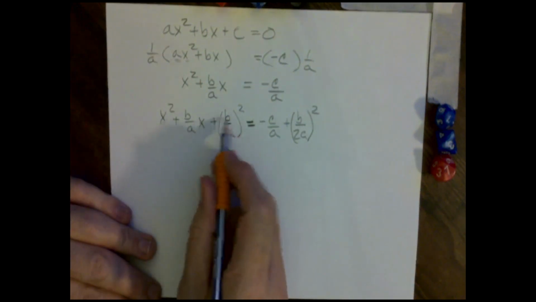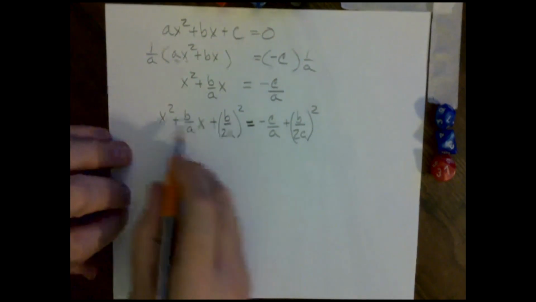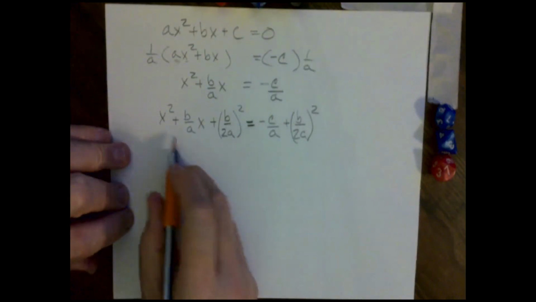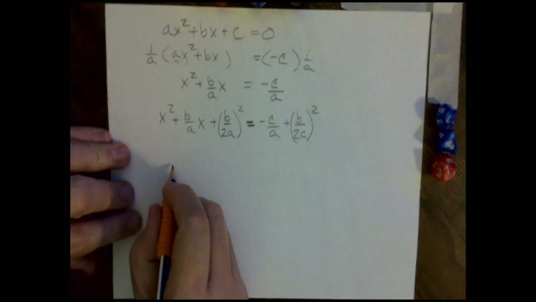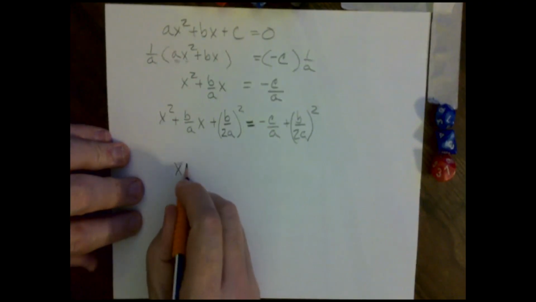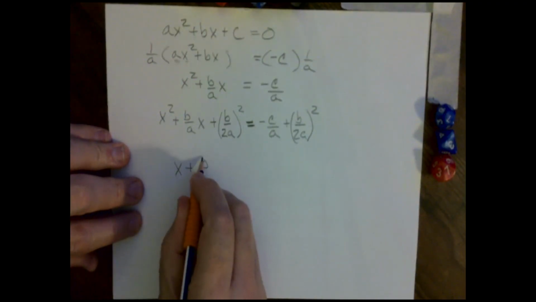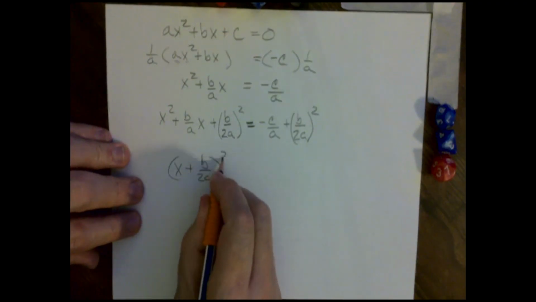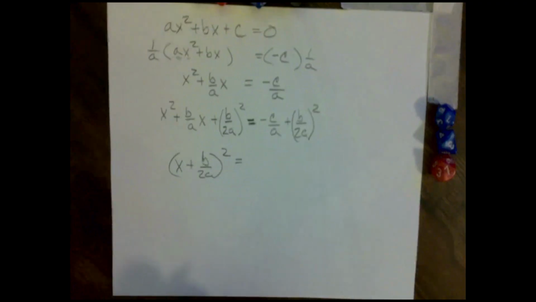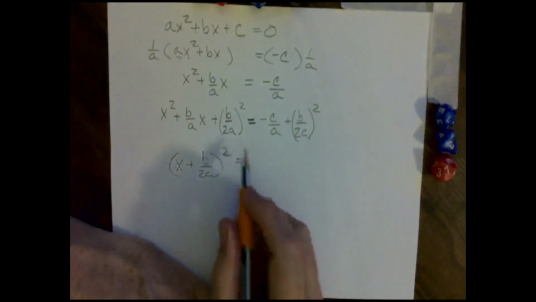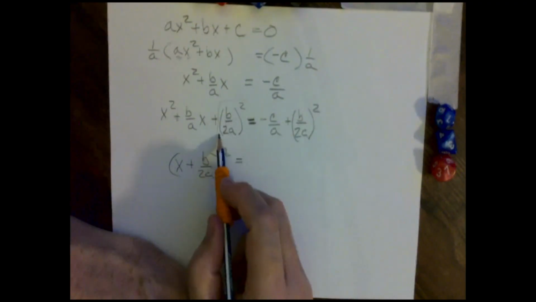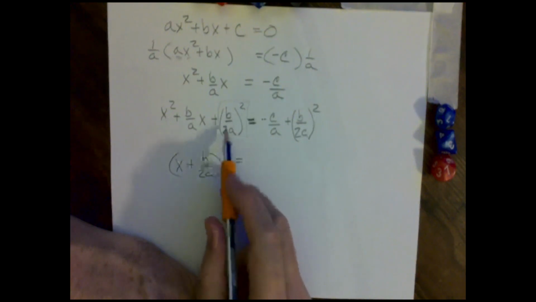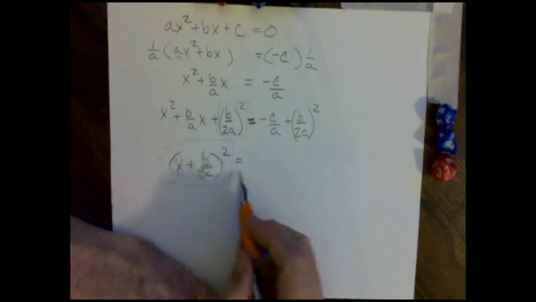Okay, the reason I chose this was because I wanted a perfect square trinomial, because now I can write this side as x plus b over 2a squared. So this was strategically chosen so that I could then write this.